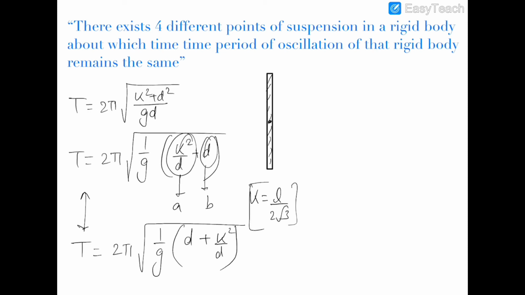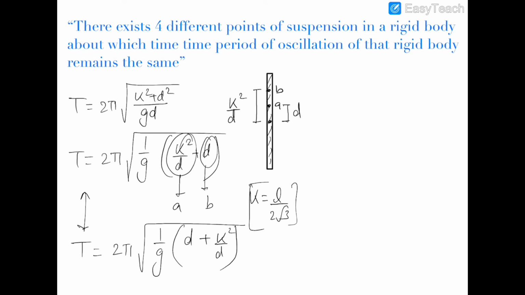Now there are 4 different points about which we can hinge the rod to get the same time period. So if we find out 2 points, then let's suppose this is A and this is B. So let's suppose that this point is at a distance of k square upon d, and this point is at a distance of d.